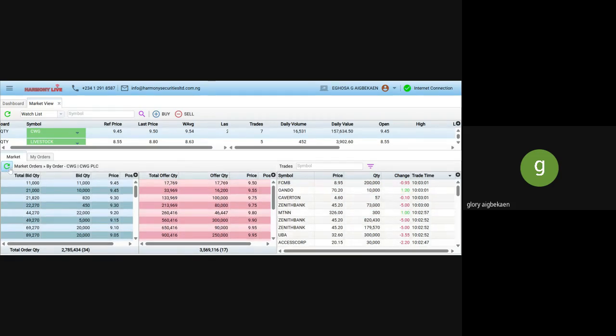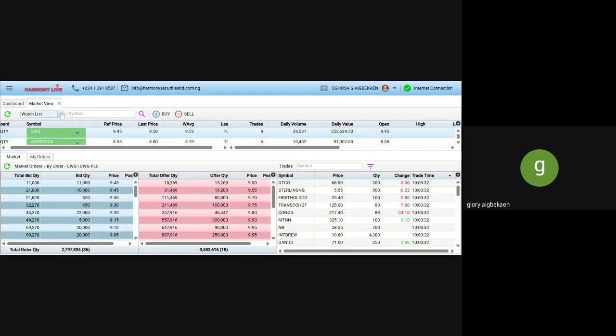Always use the refresh button here to know the current state of the order table. So you see, nothing has happened.